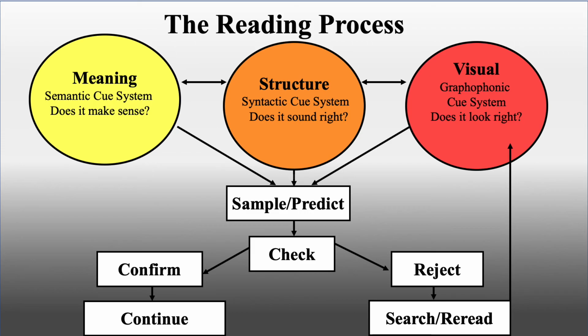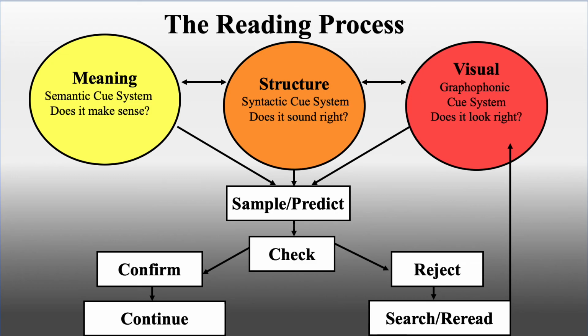Our brains are these incredible meaning-making machines. And so we're constantly predicting what's going to come next when we're engaging with the literacy, or quite frankly, when we're engaging in the world. And then our brains are also sampling to make sure that that prediction is correct.